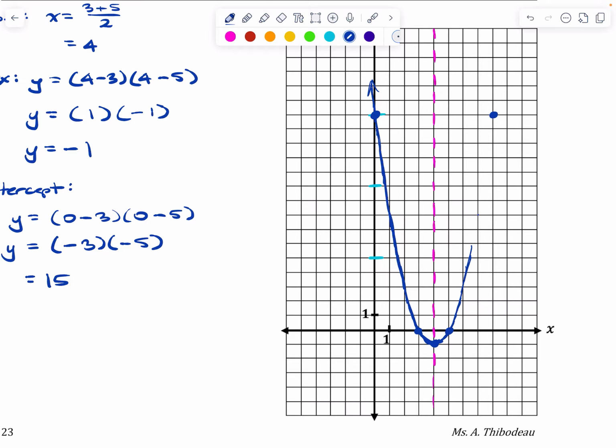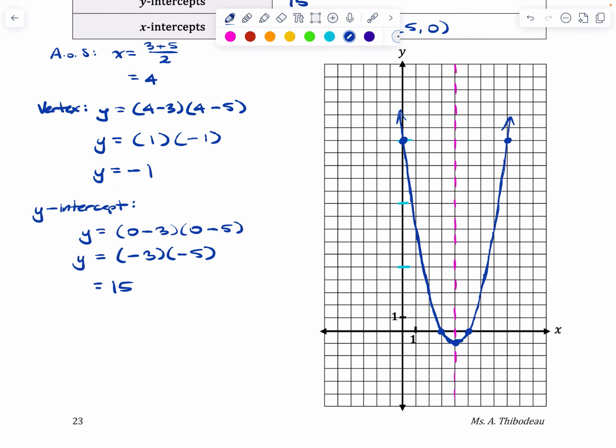And that's why we use sketchy lines. And it keeps going up, up, up. Awesome. This thing is graphed. And that's about it. There is some practice work for you to play with, so I would probably play with that if I were you.